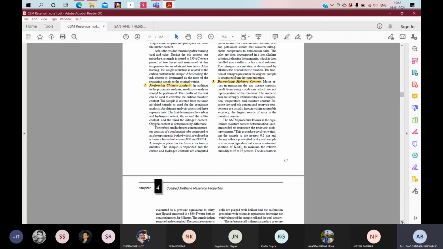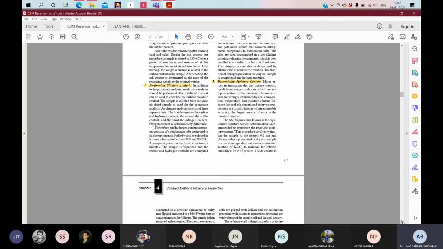This moisture content is called the equivalent moisture content, which is the saturated moisture content at that particular pressure and temperature condition.